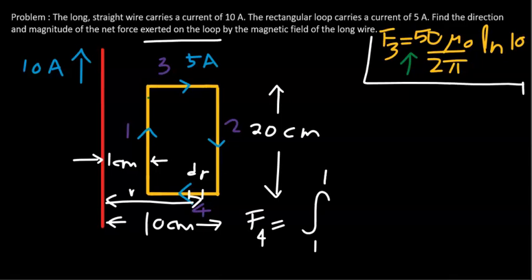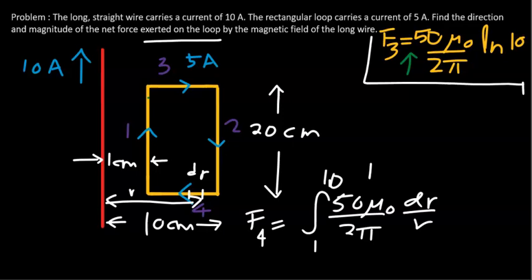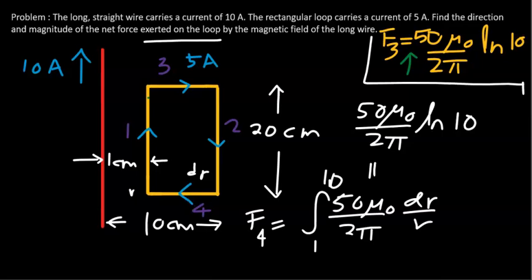So the limits again go from 1 to 10 cm, integrated over 50 mu naught over 2 pi dr over r, which will give you exactly the same expression as before, 50 mu naught over 2 pi natural log of 10. The magnetic field created by this current along that side will be again going into the plane.